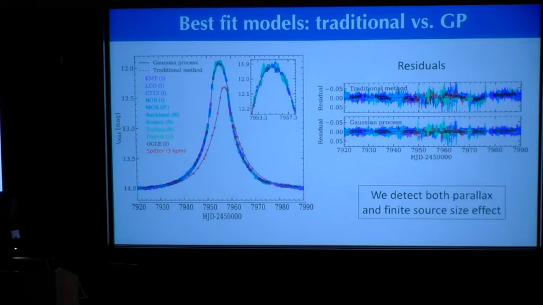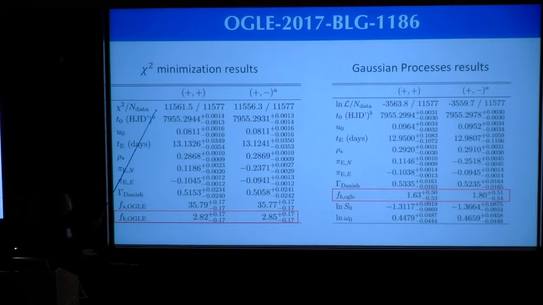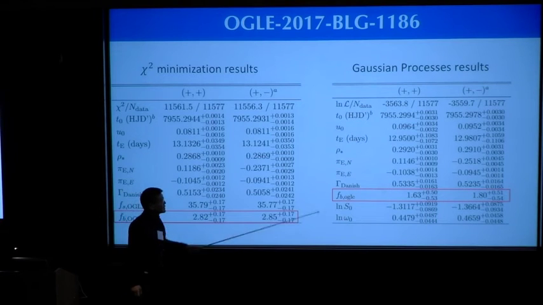So let's look into the parameter uncertainties. This is the usual conventional chi-square minimization, and this shows the Gaussian processes. In fact, most parameters are very similar to each other. But if you just look at one parameter, for example, the flux contributed by the blend, you can see the parameters are somewhat different. But one thing you notice, the error bars in the Gaussian process are much larger, by a factor of 3 for this parameter.